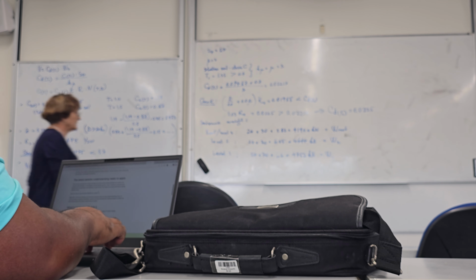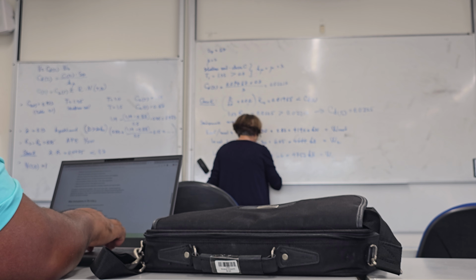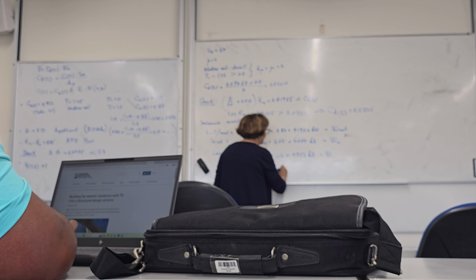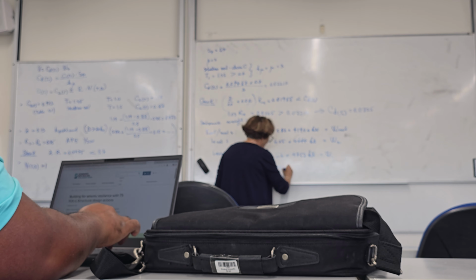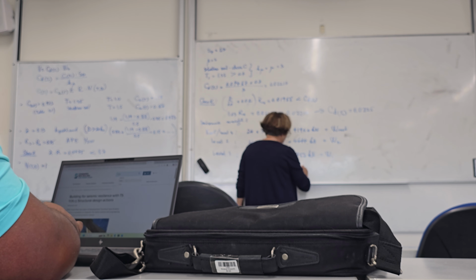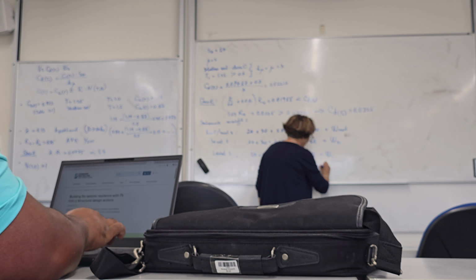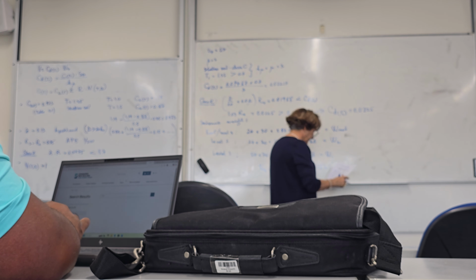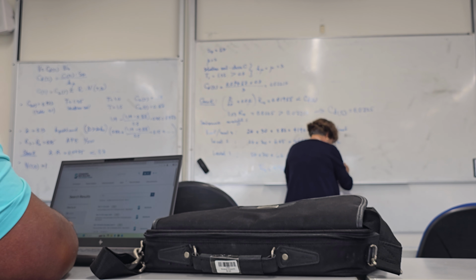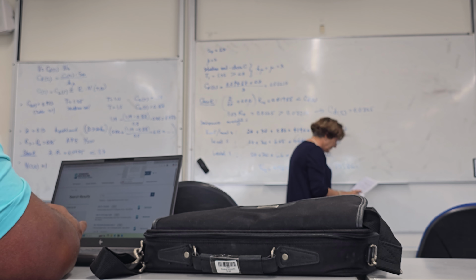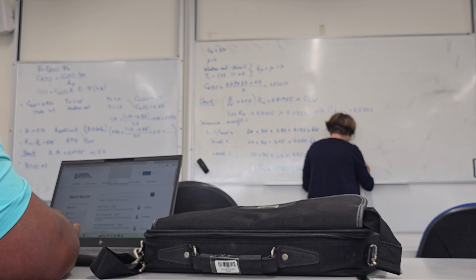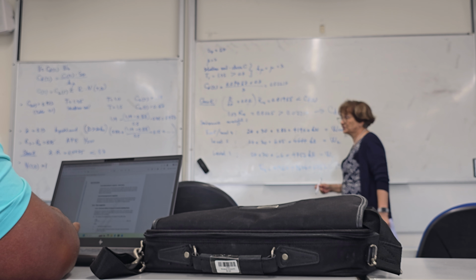Therefore, total weight will be equal to 4190.4 plus 4644 plus 4752, and will give you 13586.4 kilonewton. This is total weight.